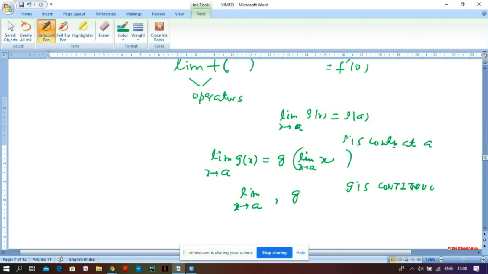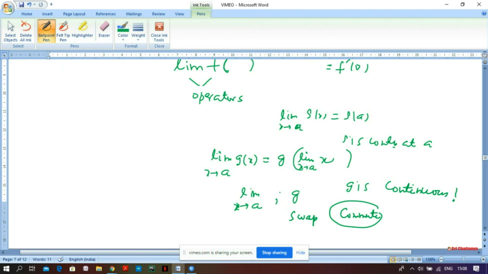If g is continuous, then you can swap the limit and g, which math people call commuting. The operations commute, and so we are good. So this is a good example.